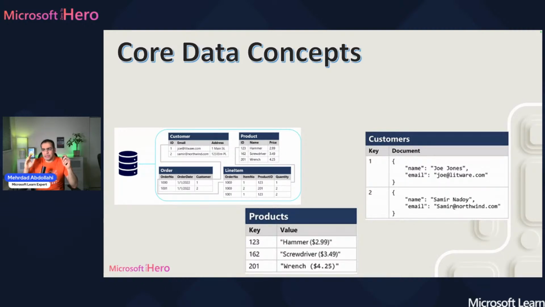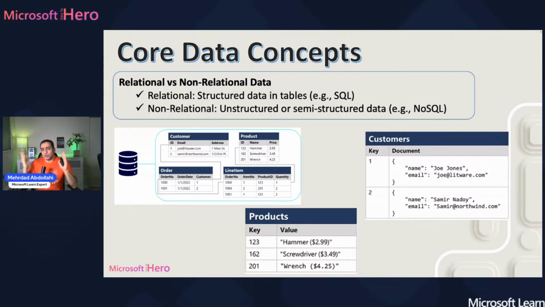In terms of some data core concepts, we should mention the different types of data that we have, not the databases, but the data: relational databases and non-relational databases. For the relational databases, we basically have structured data in tables, like the one you are seeing on the left, where we have customer, product, order, and line item.